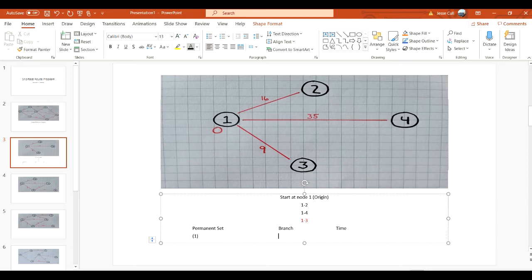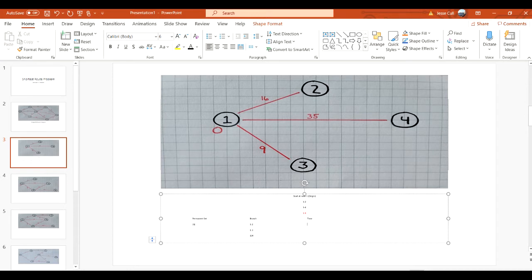The branches are 1-2, 1-3, 1-4. Everyone, please try to be a little bit patient with me because this is a much easier subject to teach in the classroom if I have whiteboards. Here on the computer, it's a little tricky.